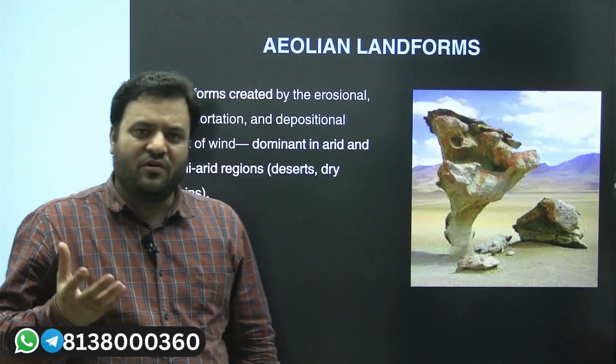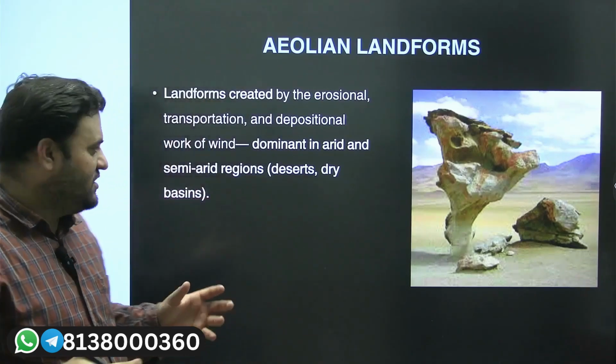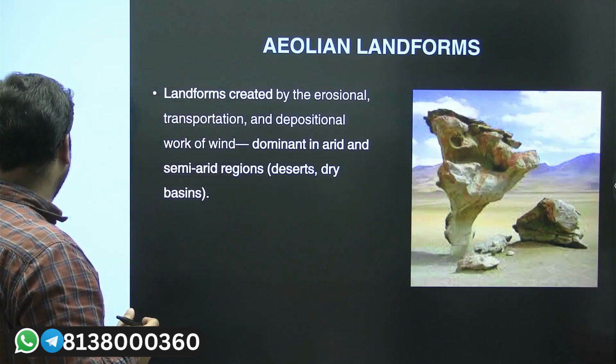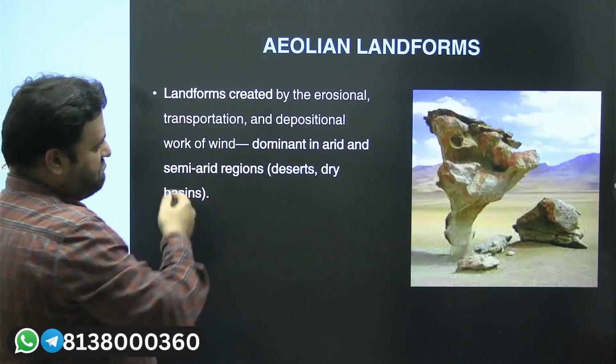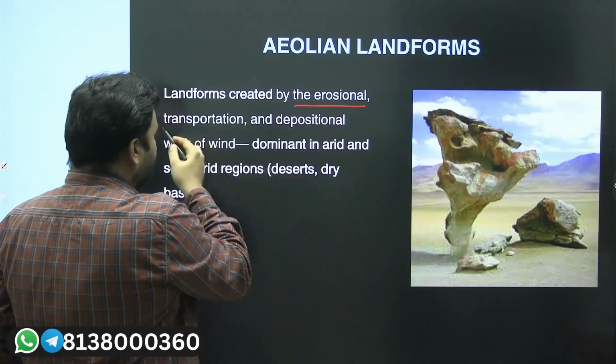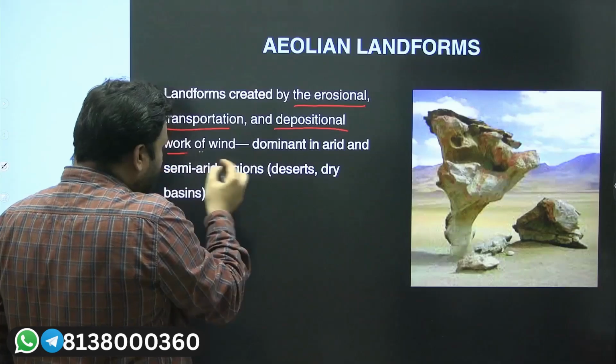Aeolian landforms are those landforms which are the result of erosion or deposition caused by wind itself. These landforms are created by the erosional, transportation, and depositional work of wind.